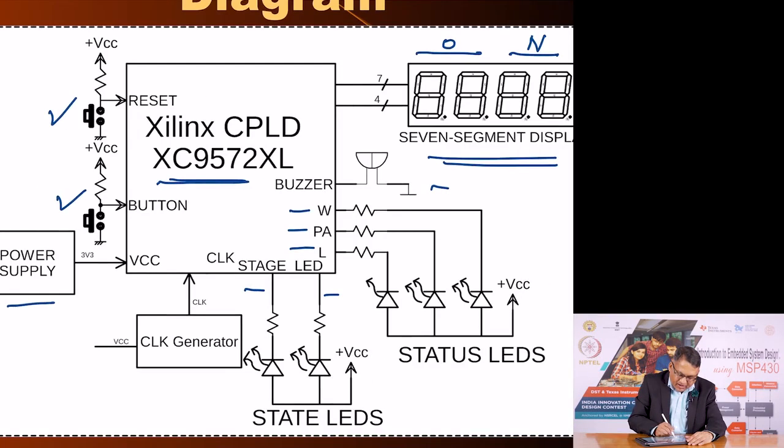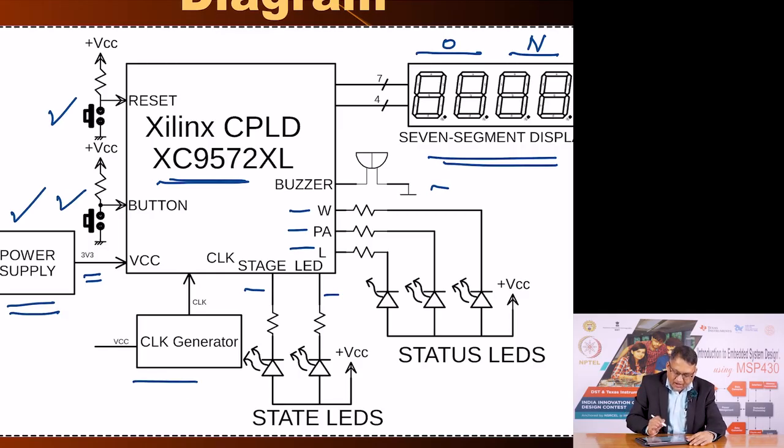Here is a power supply. From the data sheet of this CPLD, we found that the power supply required is 3.3 volts. The data sheet also mentions how much current it will consume, so the power supply has to be appropriately designed so that it can provide that power. The source of the power supply is important. In this case, it was implemented using a USB input, which is 5 volts. You require a clock.